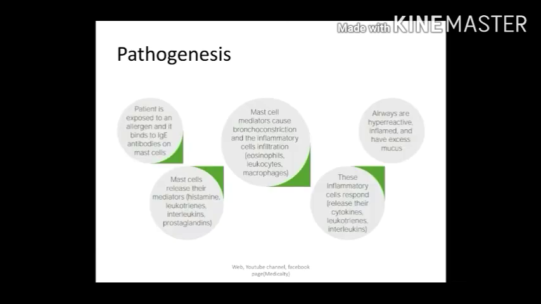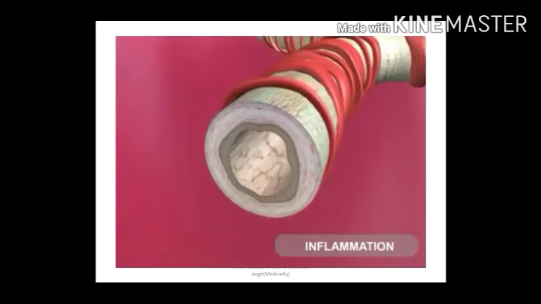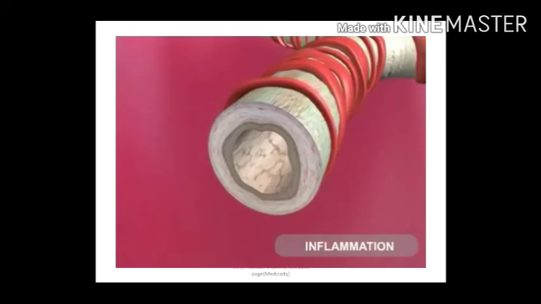some drugs. The pathogenesis: when a patient is exposed to any risk factors such as allergens, these will bind to IgE antibody which is present on the surface of the mast cells. These mast cells are stimulated and will produce inflammatory mediators such as histamine.